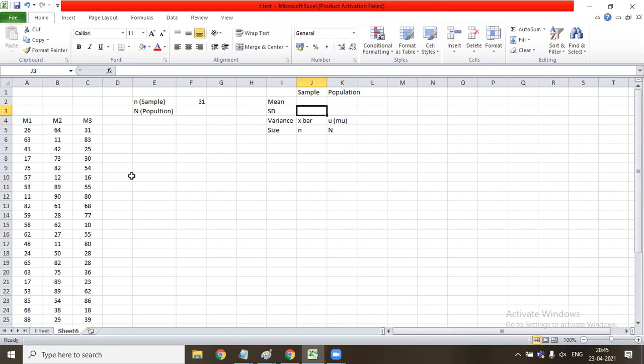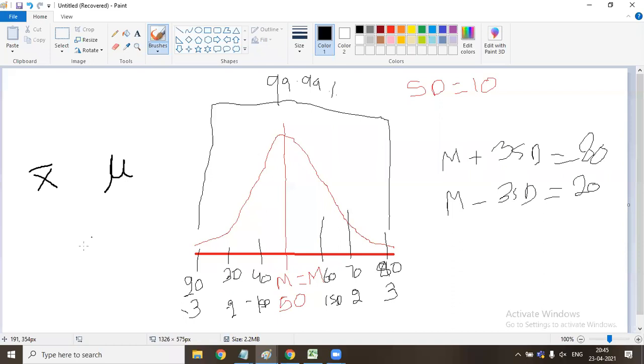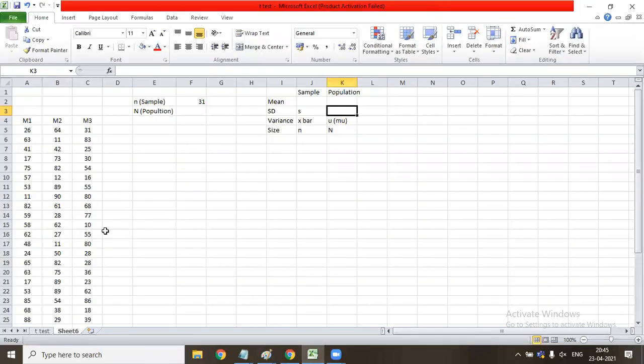Sample standard deviation is denoted by S. Population standard deviation is denoted by a letter like this. This is known as sigma. Okay. Oh, sorry, not variance. It's mean. Okay.